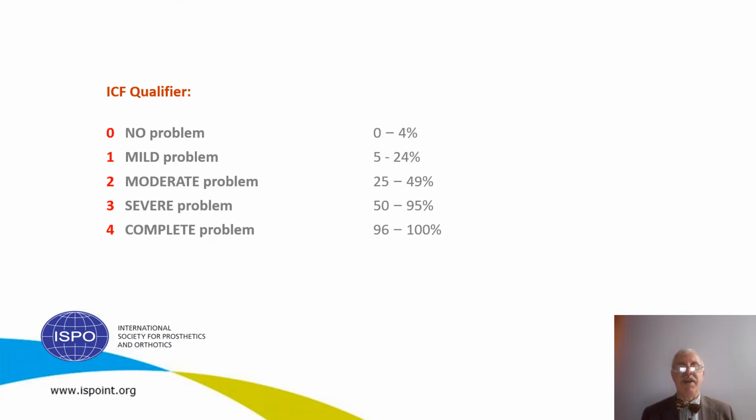It is acknowledged that environmental factors may either be barriers, in which case they make it more difficult. So we use the same qualifiers, but for barriers, because they make it more difficult, we use a minus in front of the qualifier.